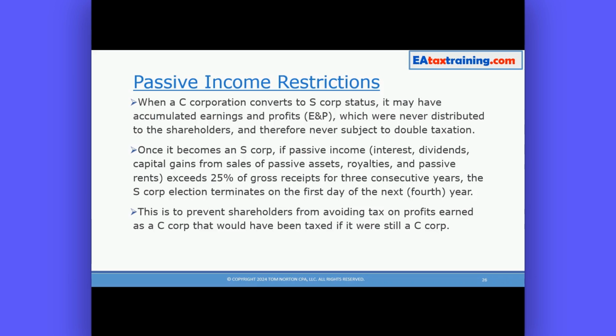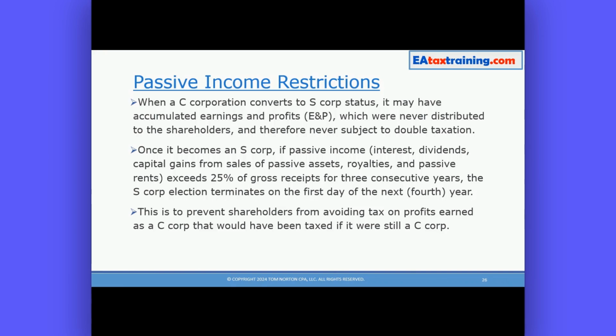What they don't want corporations doing is converting from C Corp to S Corp in order to avoid double taxation. So, if a C Corp has a bunch of investments that they are earning income on, and they want to accumulate those earnings without distributing them out to the shareholders and without paying a second tax, then they might want to convert to S Corp status and then just let those earnings accumulate and eventually maybe distribute them out, which is now an S Corp.